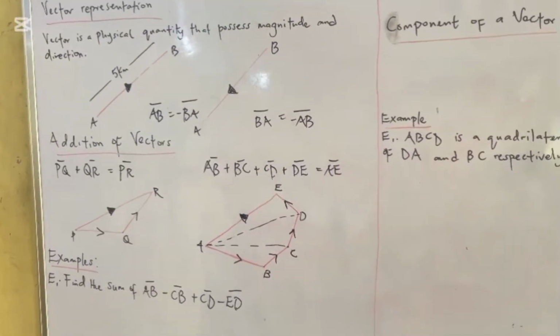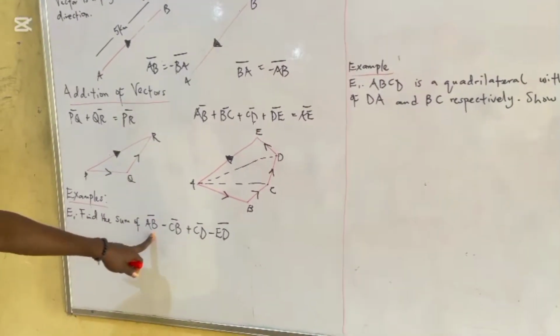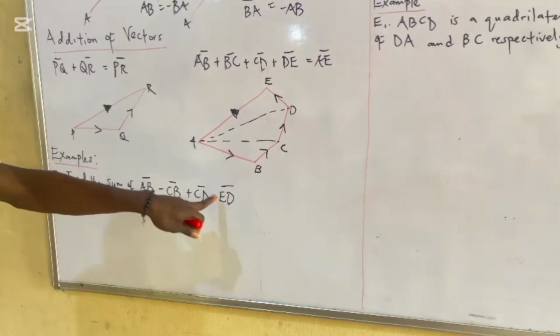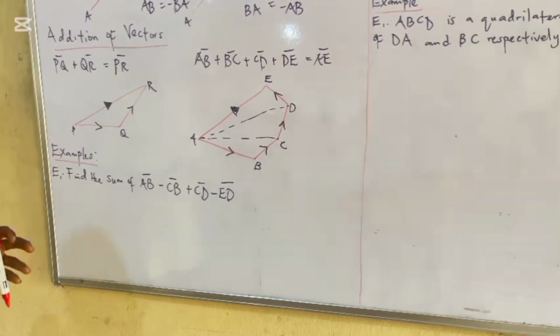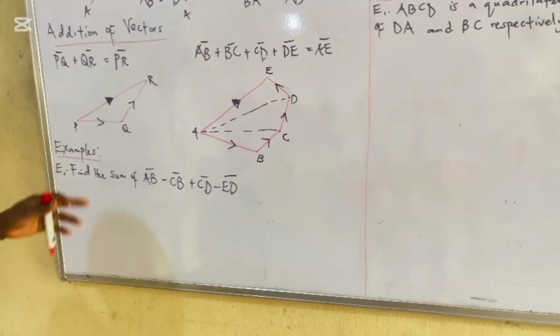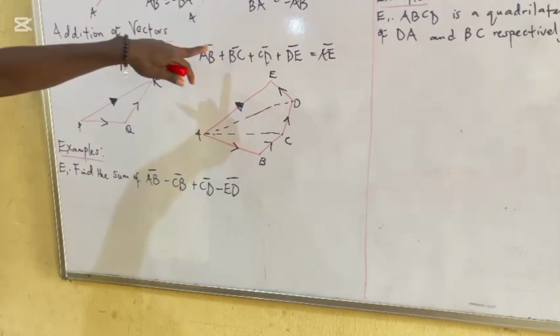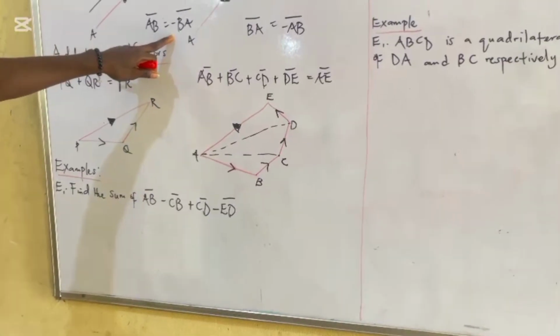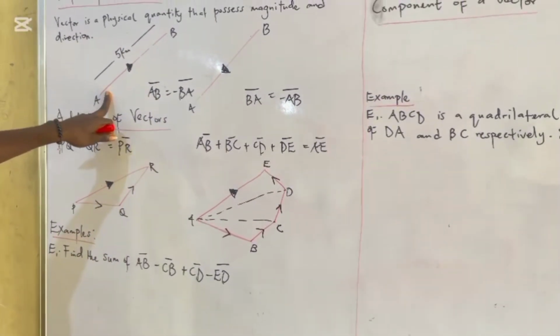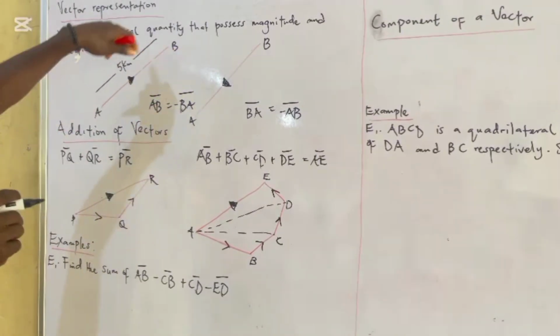Let's deal with this. We have: find the sum of vector AB minus vector CB plus vector CD minus vector ED. Now the first thing to do is to bring the minus back to plus. You have to flip it, and we did something here the other time when we were explaining the vector representation. I told us that when we have vector AB, it's also the same thing as minus BA.